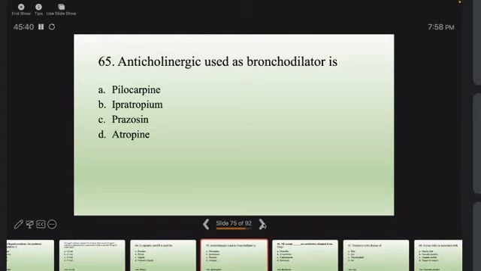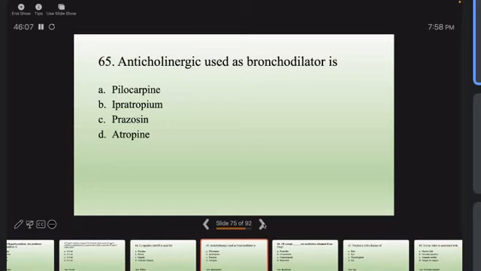Yes. Okay, so can you tell me what is the use of the other drugs then? Pilocarpine, where is it used? Pilocarpine is used in glaucoma. It is a cholinergic drug. Prazosin is an alpha-1 antagonist. Atropine is an anticholinergic. Prazosin is also used in what other conditions?